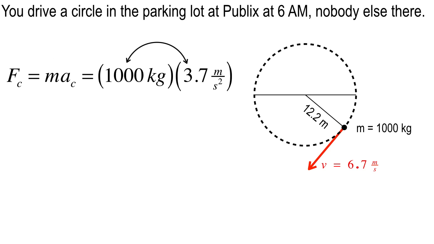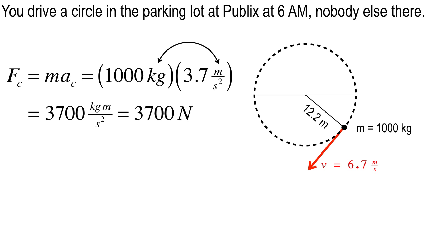And so that's 3,700. And notice that kilogram meters per second squared is the same as, and here it is down here, okay, that's the same as a Newton. All right. And hey, you guys, sometimes it's nice to write an answer as a Newton, and sometimes it's handy to write the same answer in terms of kilogram meter per second squared.